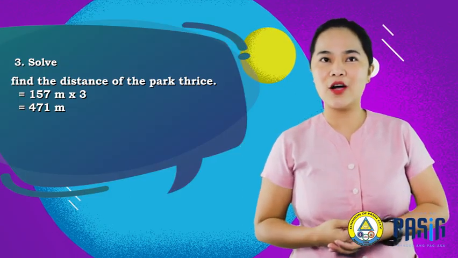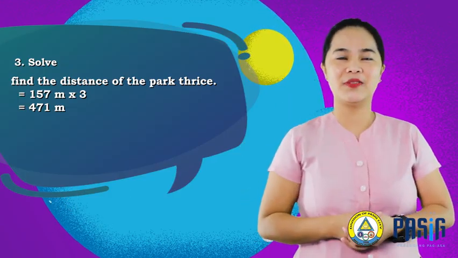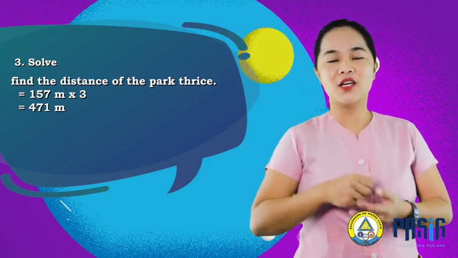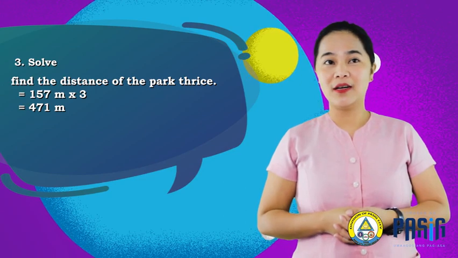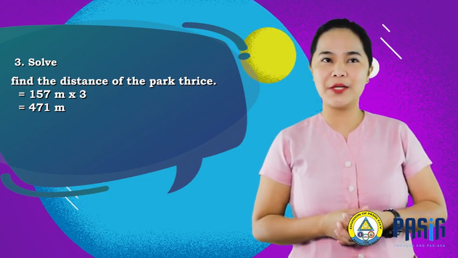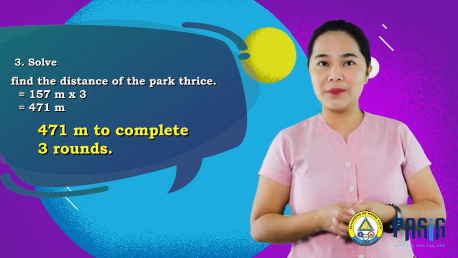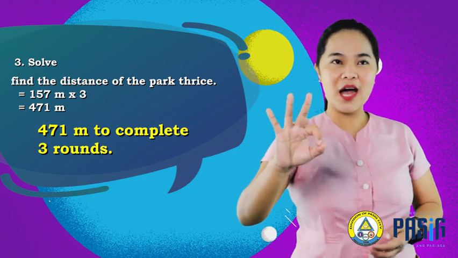Now, to know if Peter will be able to complete 3 rounds, first, let's find the distance around the park thrice. 157 meters times 3, so the product is 471 meters. Peter needs to jog 471 meters to complete 3 rounds.